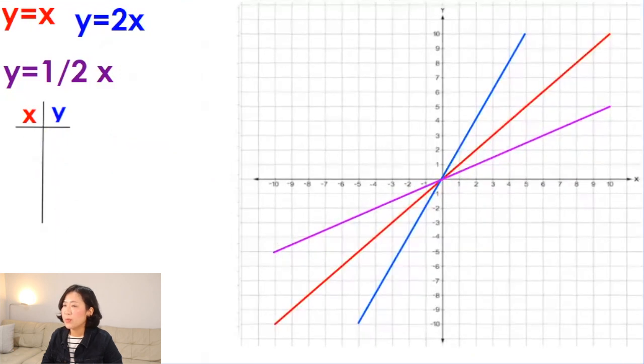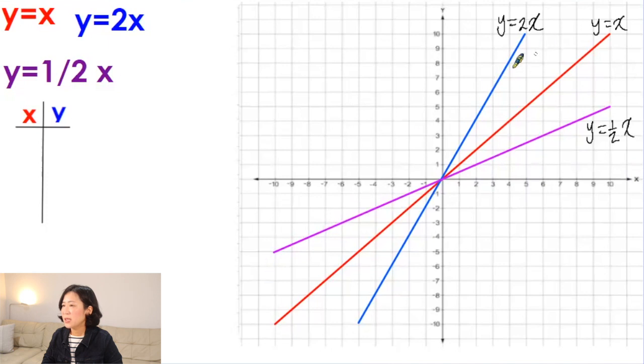Let's put all of these three graphs together. In the middle, we've got the y equal x graph, and then the blue one is y equal 2x. Then the last one, we drew the y equal half x graph, right? So what did you notice?